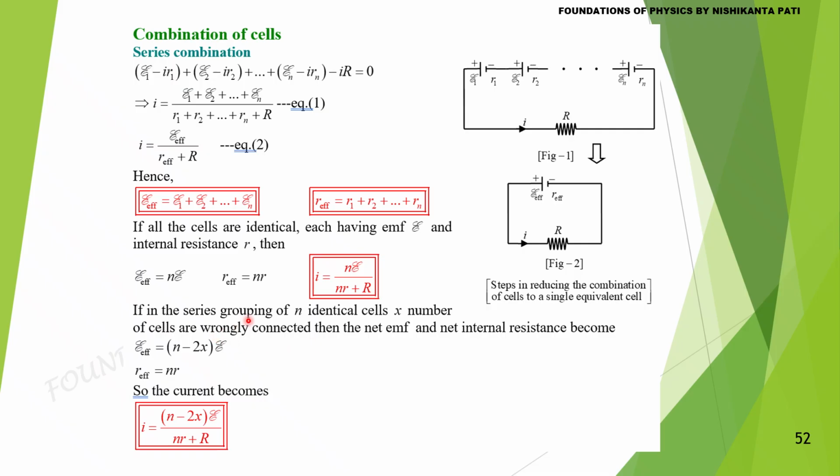If in a series group of n identical cells, x cells are wrongly connected, how do we solve it? One cell, second cell, third cell, fourth cell, let the fifth be wrongly connected and the sixth be wrongly connected. This is the external resistance.